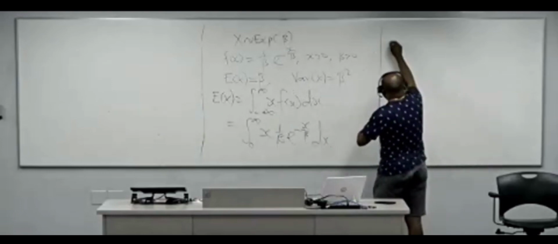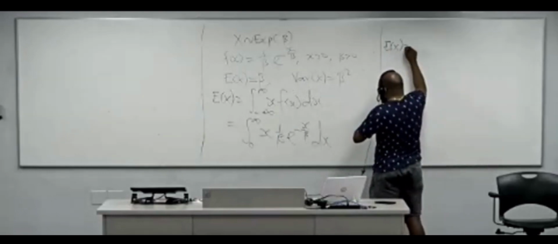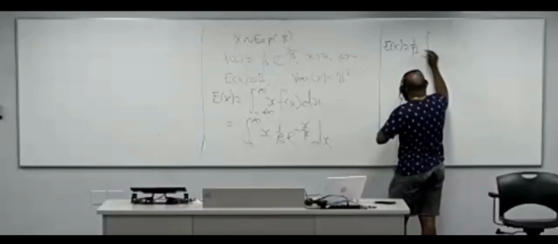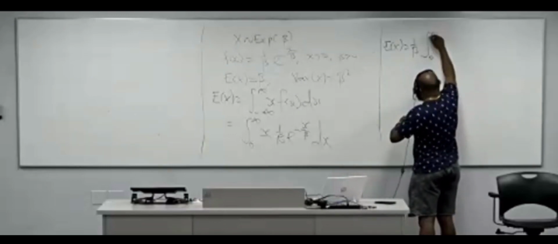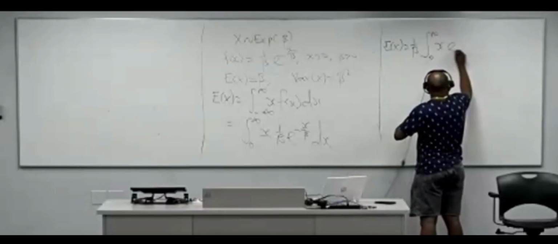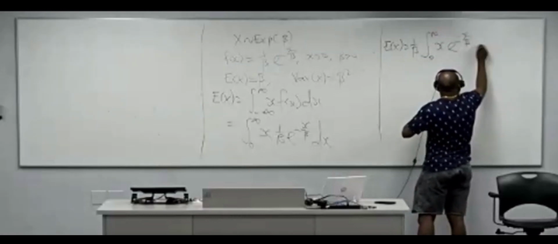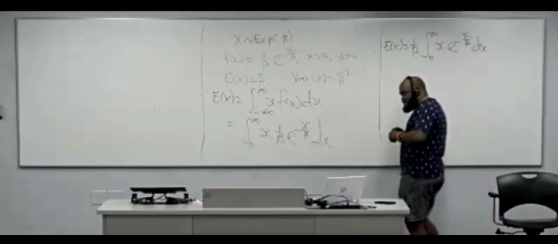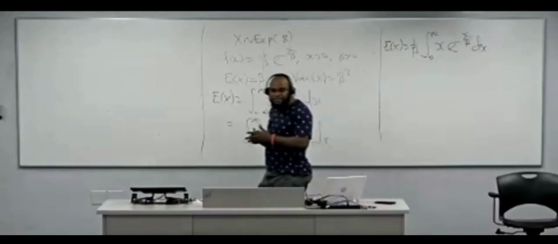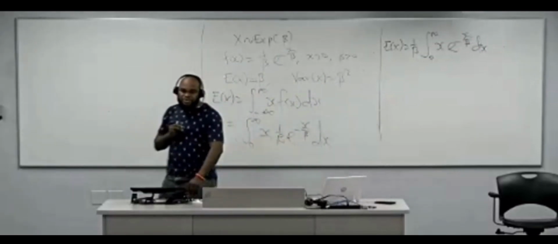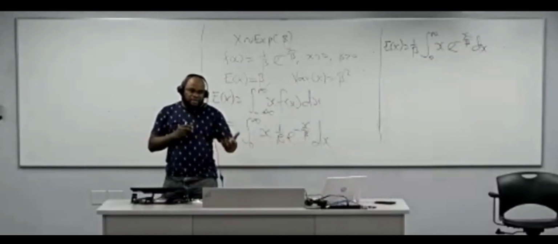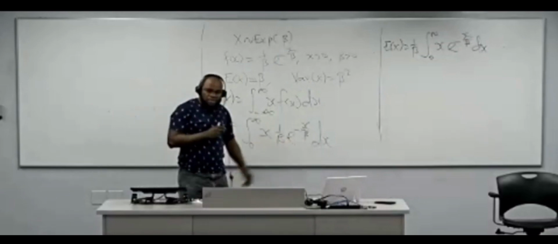If I want to simplify that guy, I'm going to bring out 1 over beta. This is 0 to infinity, x exponential raised to the power this, dx. Now when you have something like this, I know you're going to use a rule that we call integration by parts.